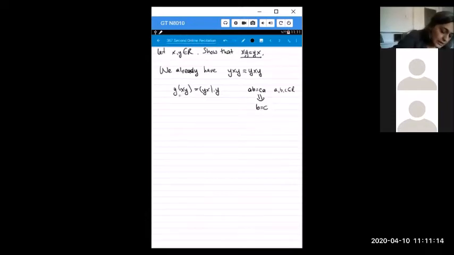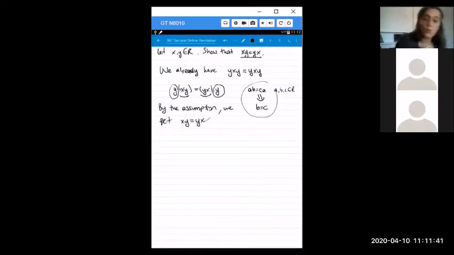Here, we have y, so we can consider these y's as a in this condition, and xy and yx as b and c, right? So by using the assumption, we get xy is equal to yx.